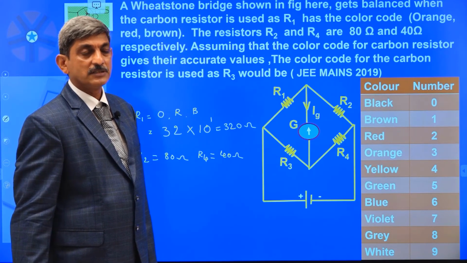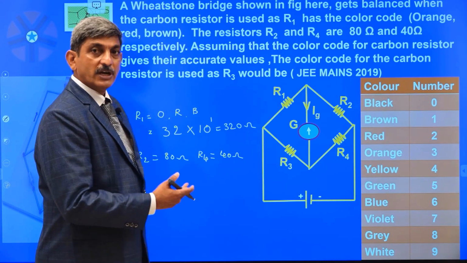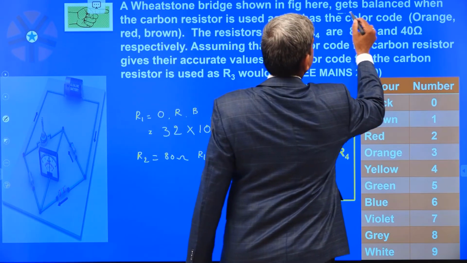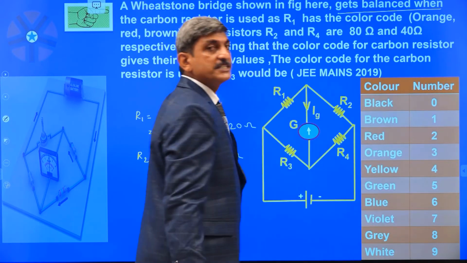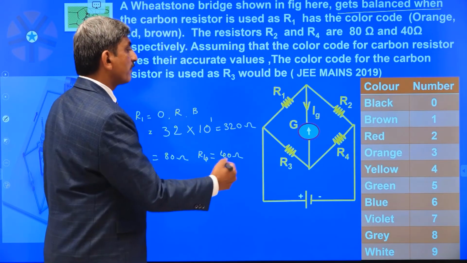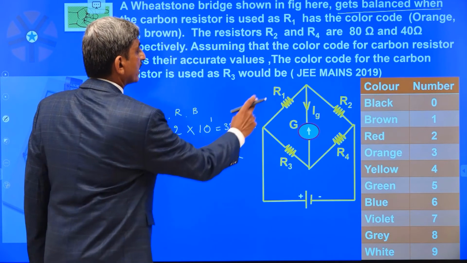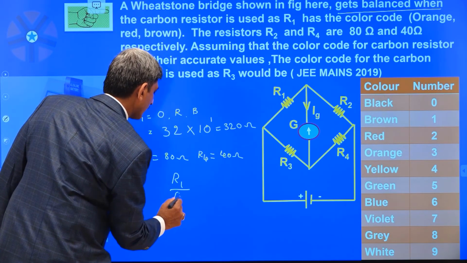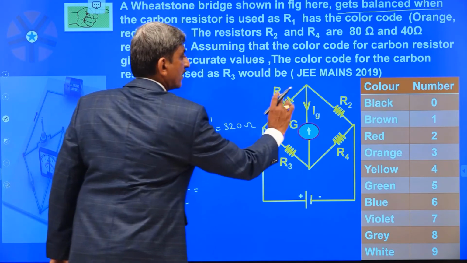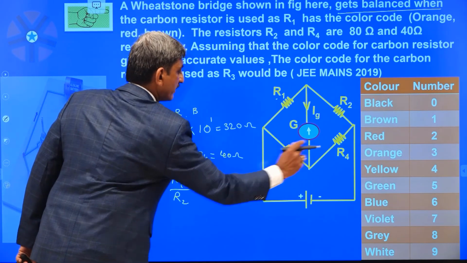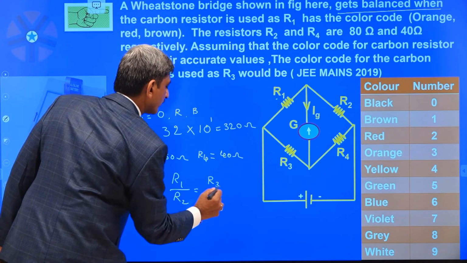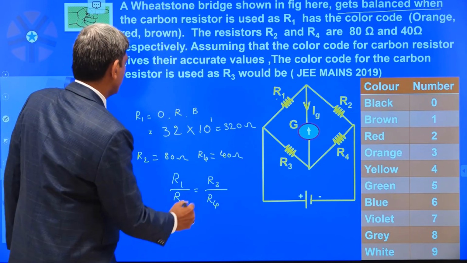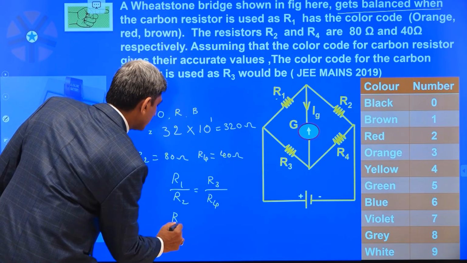How to do that? For that, we have to use the balancing condition of the Wheatstone bridge. Why? Because it is already mentioned in the problem that the bridge is balanced. So by applying the balancing condition of the Wheatstone bridge, we can write R1 by R2 is equal to R3 by R4. From this, we have to find the R3 value.